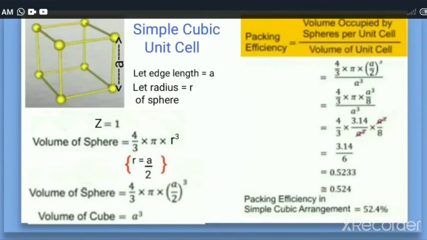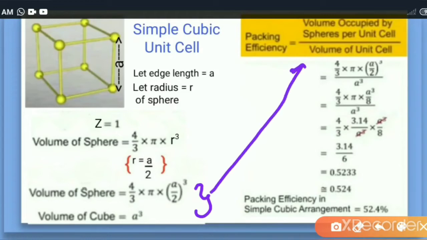Now substitute these two values, the volume of the sphere and the volume of the cube, in this equation. When we substitute this, we'll be getting 4 by 3 pi into (a by 2) cube divided by a cube.